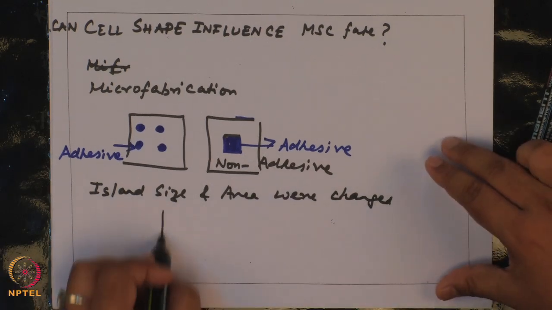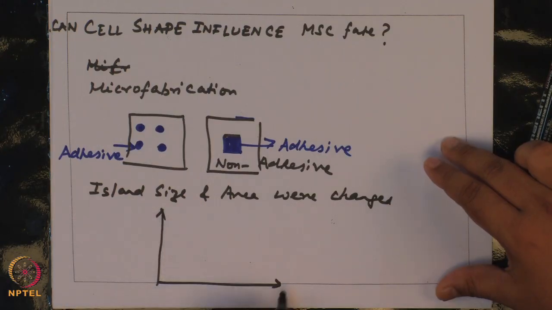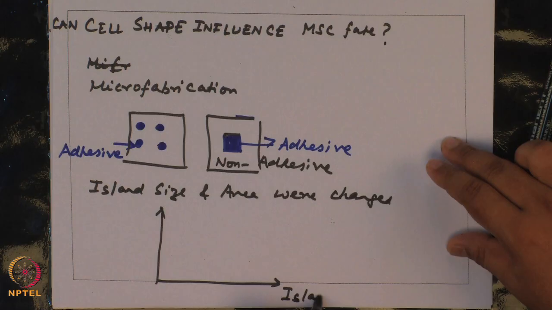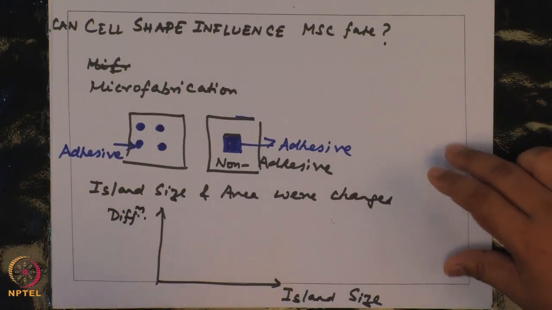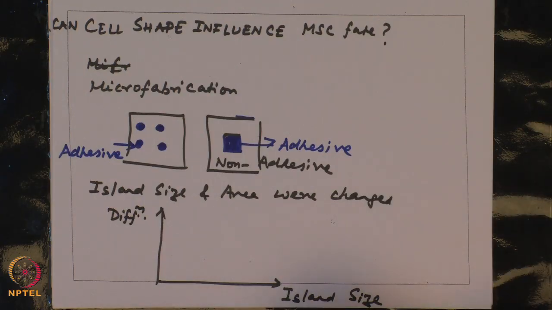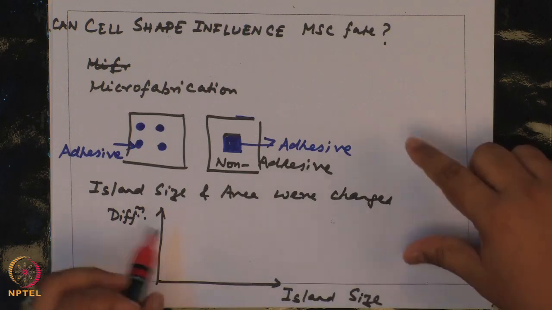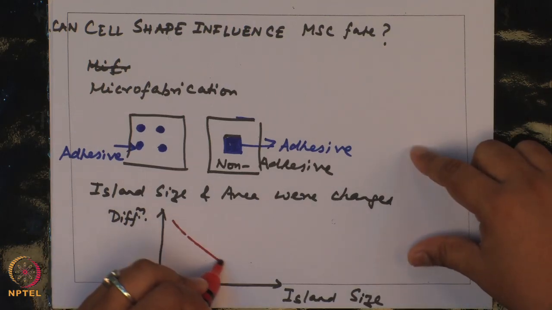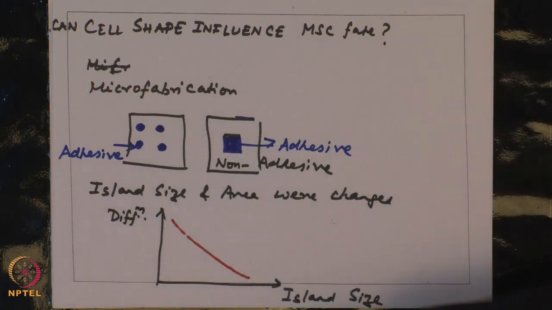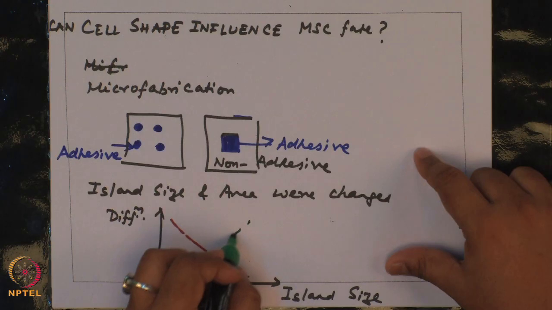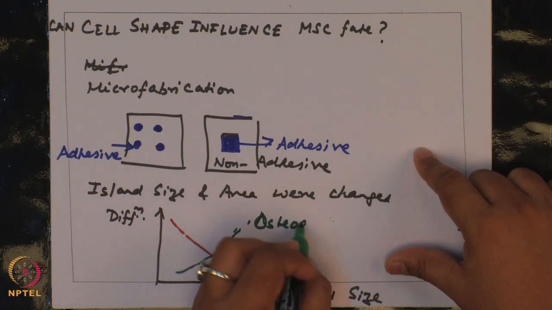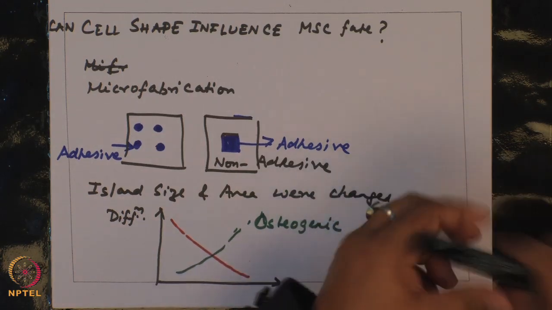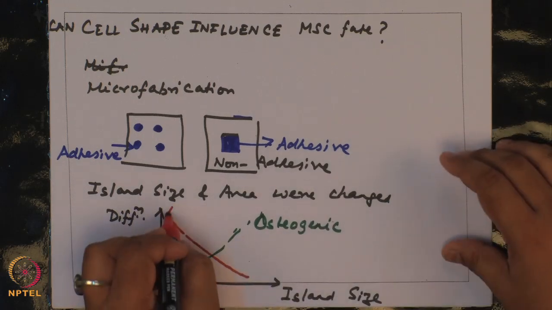What they found was, when they varied the island size, let us say the y axis is the extent of differentiation, with increase in island size they observed the following. This is osteogenic and this is adipogenic.